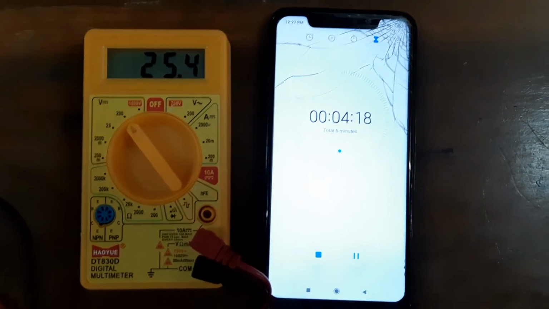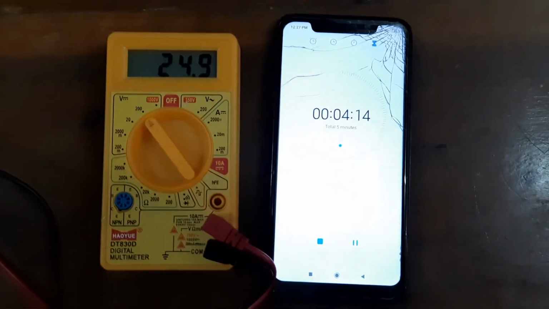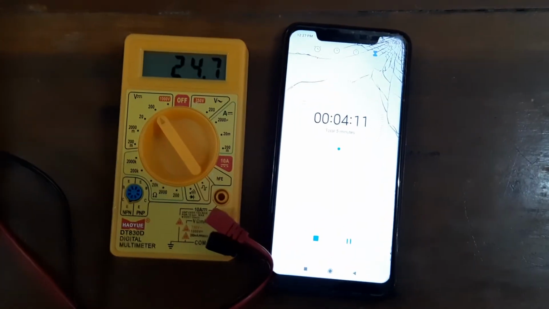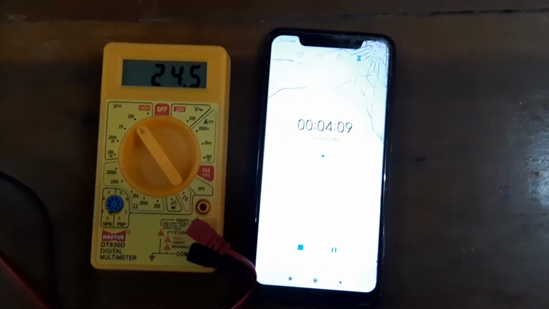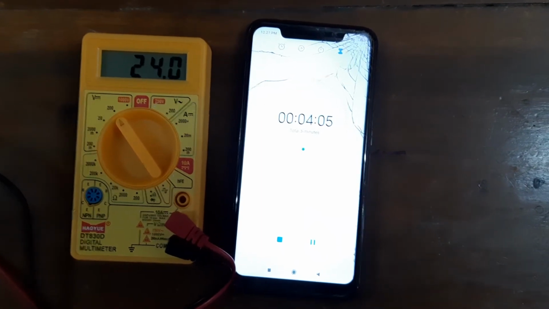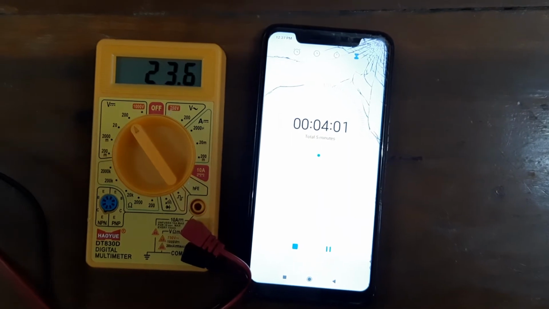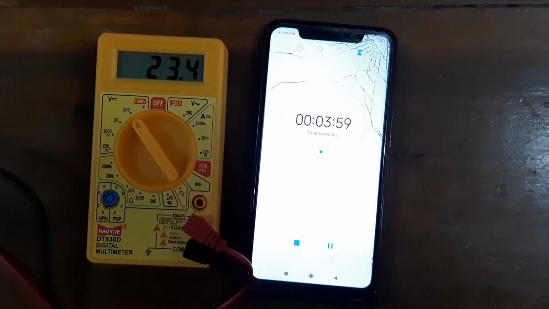You can see that the capacitor is discharging. At 4 minutes, that means after 60 seconds, the voltage across the capacitor is 23.6 volts.